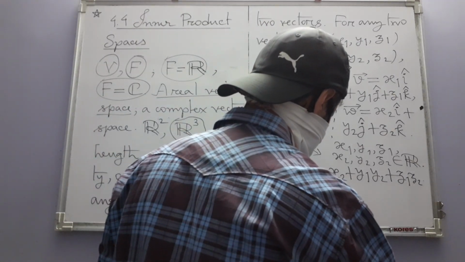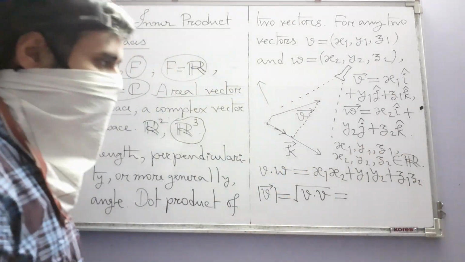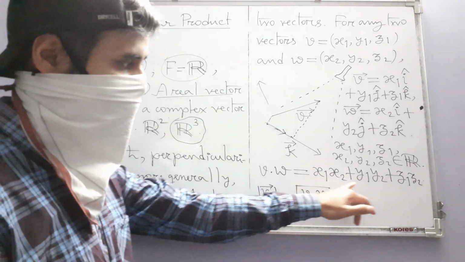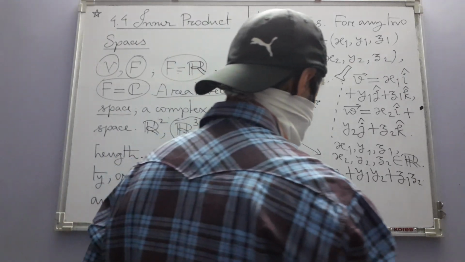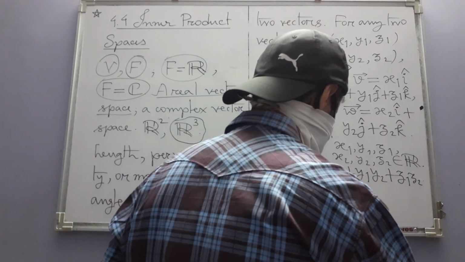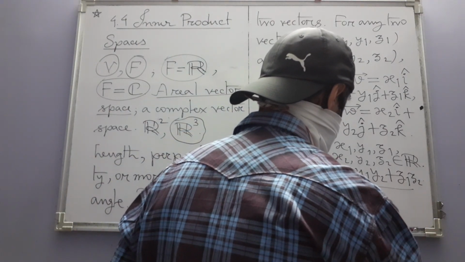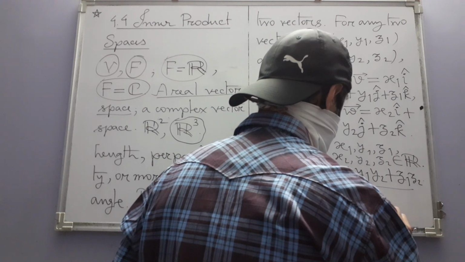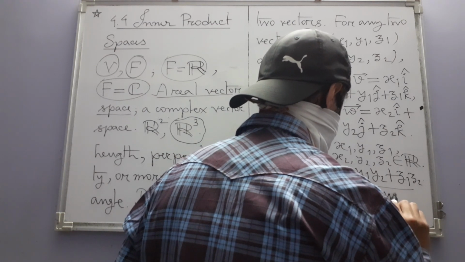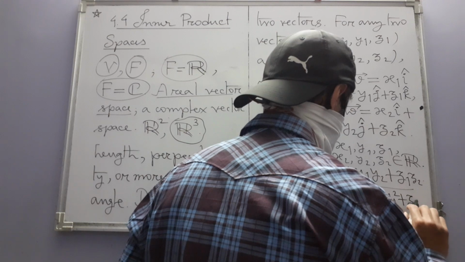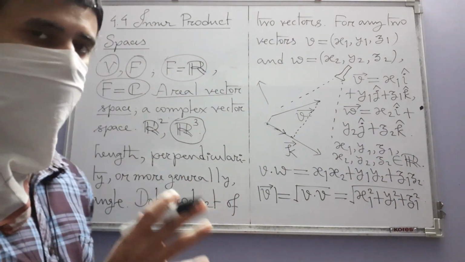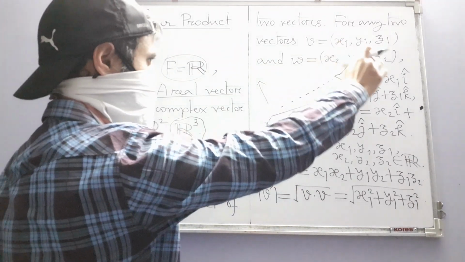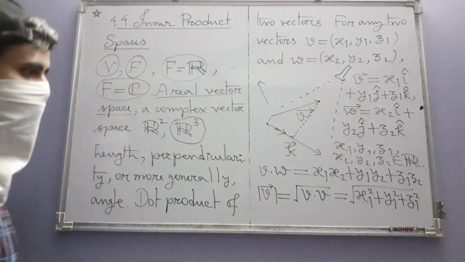And if you look at the definition of the dot product, you get x1 square plus y1 square plus z1 square, which is indeed the length of this vector.